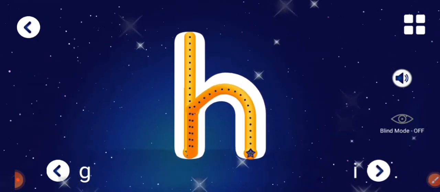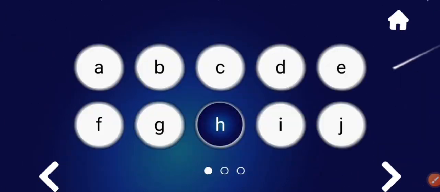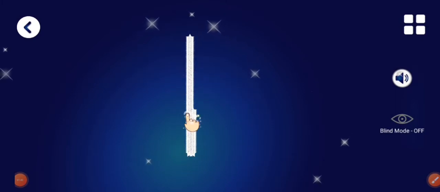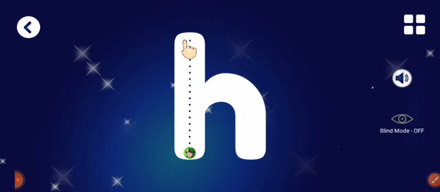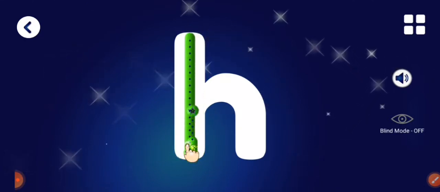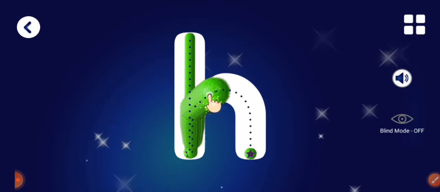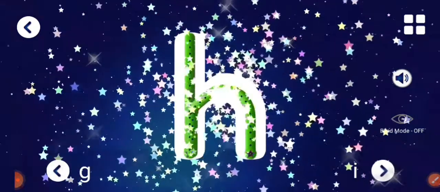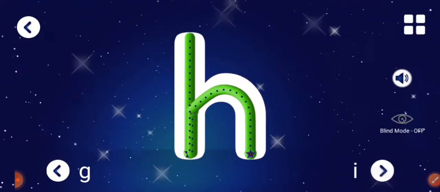Once again we'll write it. H. See, standing line, half curve. Help of your fingers, you have to trace this dots line. Standing line, then half curve. H. So like this you have to practice.